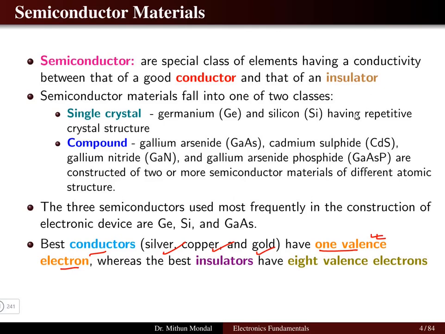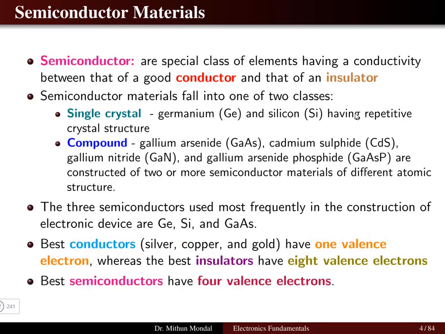So conductors have only one valence electron, but insulators have 8 valence electrons. Since semiconductors fall between the conductors and the insulators, they have 4 valence electrons. So conductors have 1, insulators have 8, and semiconductors have 4 valence electrons.